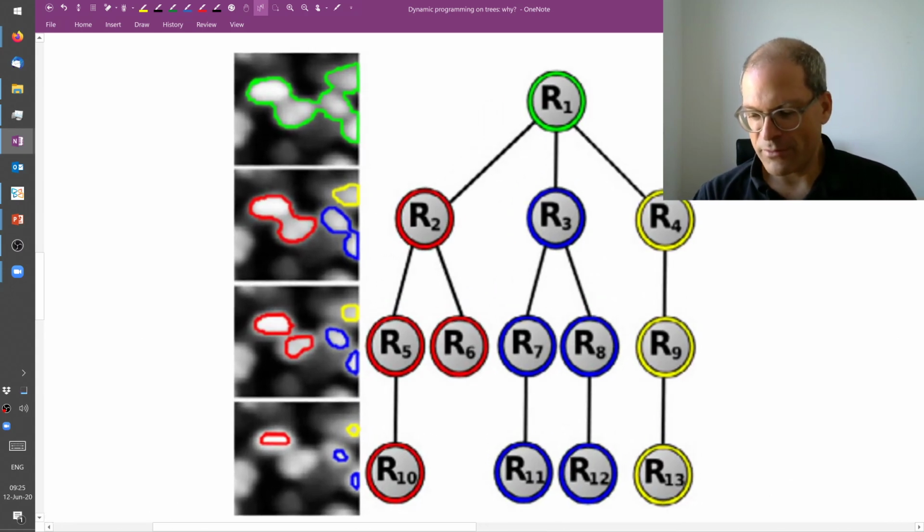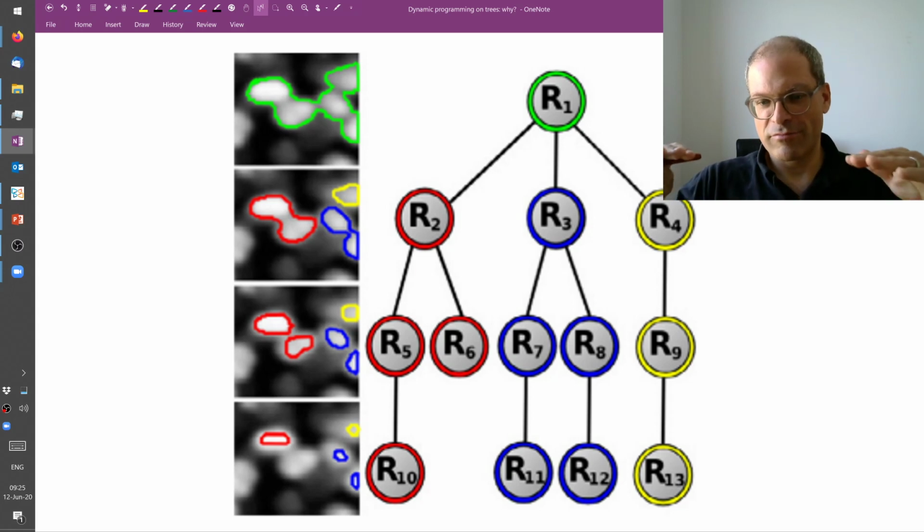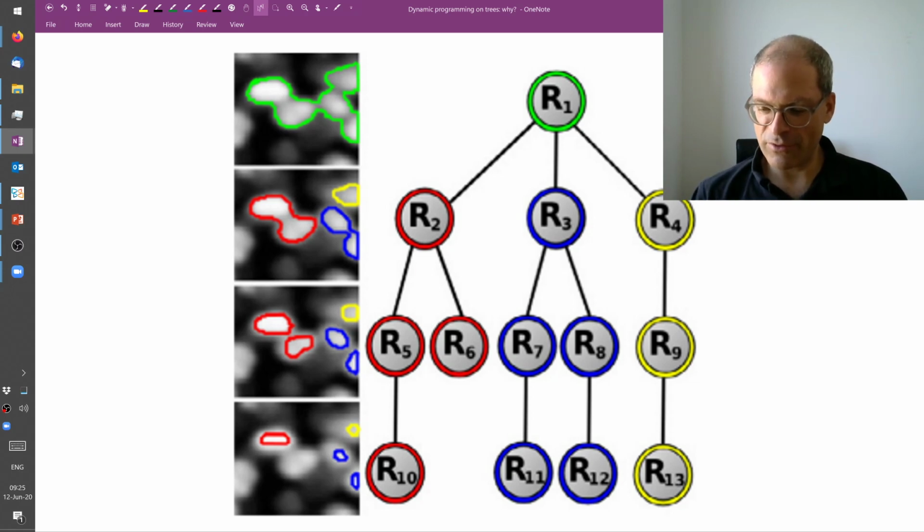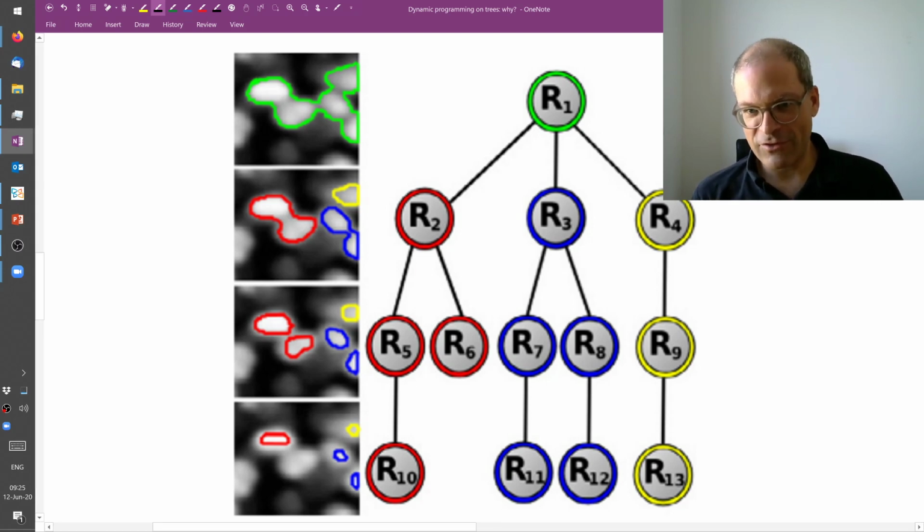We see these blobs, and one possibility is to use a threshold that you make more and more stringent. For a very loose threshold, we get this green segment here, which in this case encompasses many cells. If you use a stricter threshold, we get these groups of what I think are 2 red cells, 2 blue cells, and 1 yellow cell, and so on.